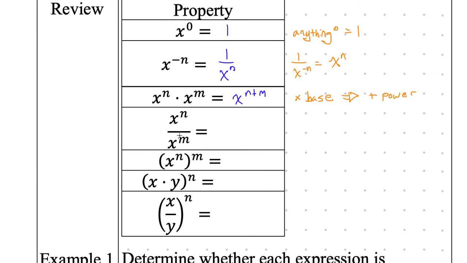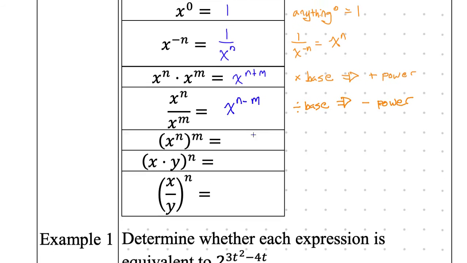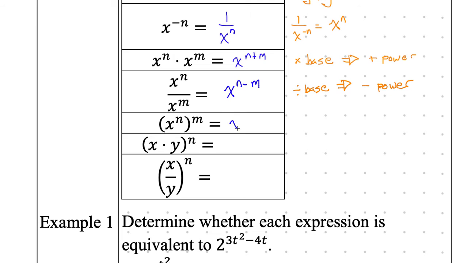Alright, what about this next one? Again, pausing the video, and you're unpausing x to the power of n minus m. That means when I divide the base, that implies that I subtract the power. When I have a power to the power, that is x to the power of n times m. So if I have a power to a power, that implies multiply power.